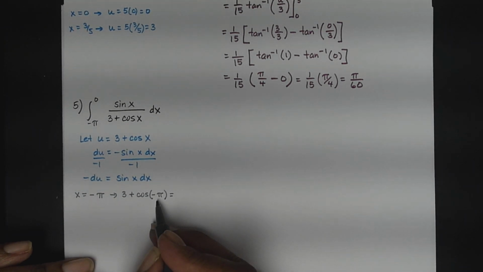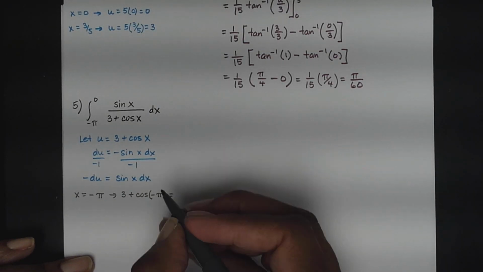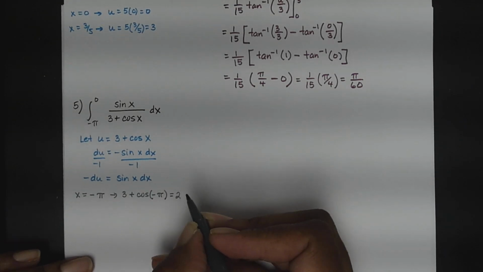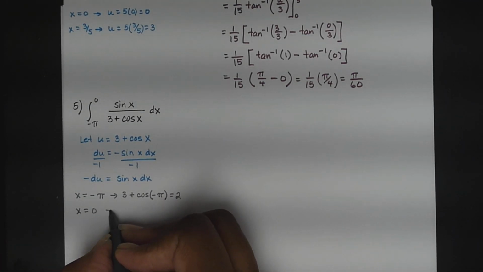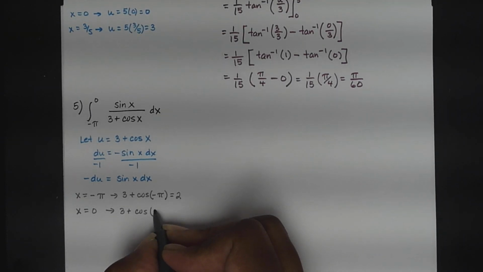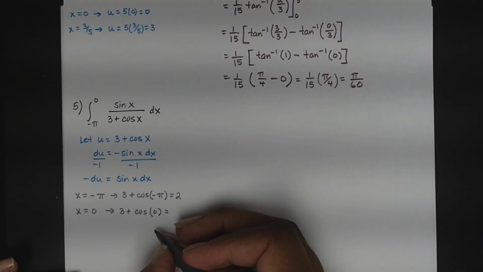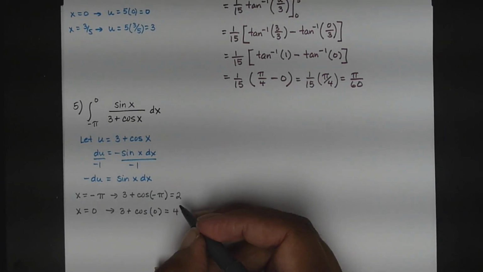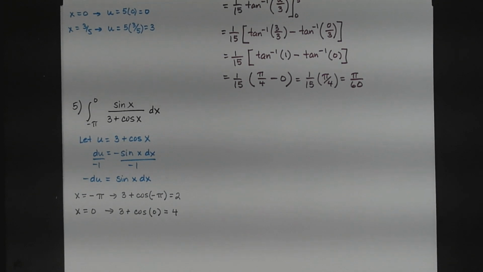That's going to be -1. -1 plus 3 would give us 2. And the other one is x equals 0, so that means 3 plus the cosine of 0. Well, cosine of 0 is 1. 1 plus 3 would give us 4, so I'm going from 2 to 4. Those are going to be my new limits of integration.